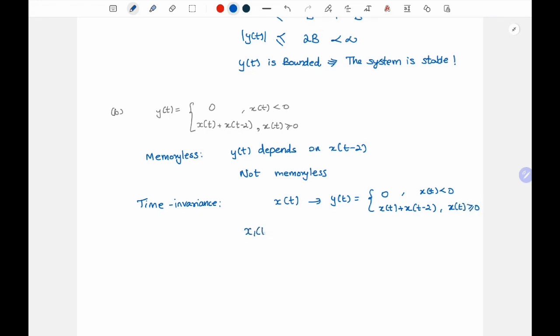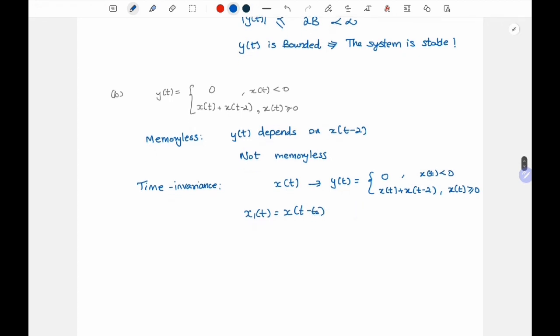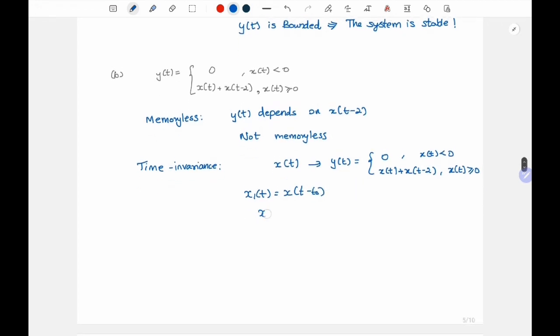So let's take some x1 of t is x of t minus t naught. So similar procedure only. And now if we pass x1 of t to the system, we'll get y1 of t as 0 for x1 of t less than 0, and x1 of t plus x1 of t minus 2 for x1 of t greater than or equal to 0. Now we need to write this in terms of x of t, right?